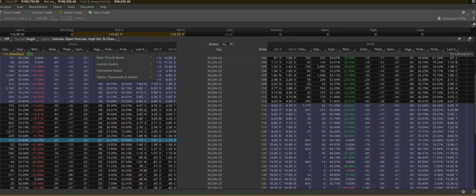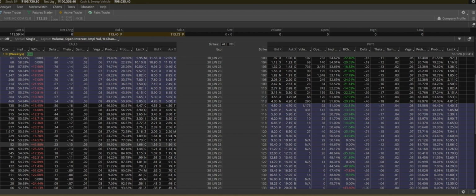As you can see here, probability out of the money, probability in the money. What are the chances? 123, right? 20% probability that it is in the money, and probability out of the money is 80%, 82%, because of what they are predicting.